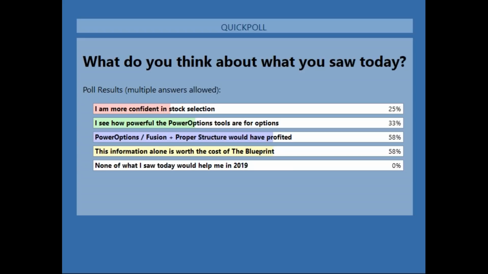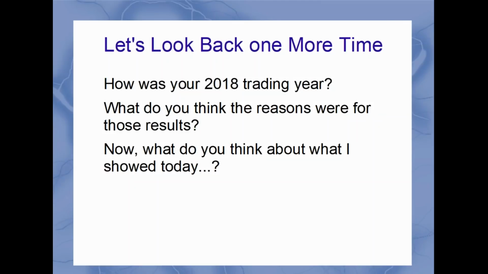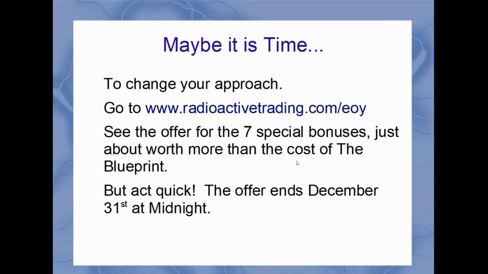And that means I did my job, and I thank you for joining me. No one said that none of what you saw today would help you with your trades going forward. Something in today's presentation, any little part of it, would have benefited everyone. So based on that, maybe it is time to change your approach.